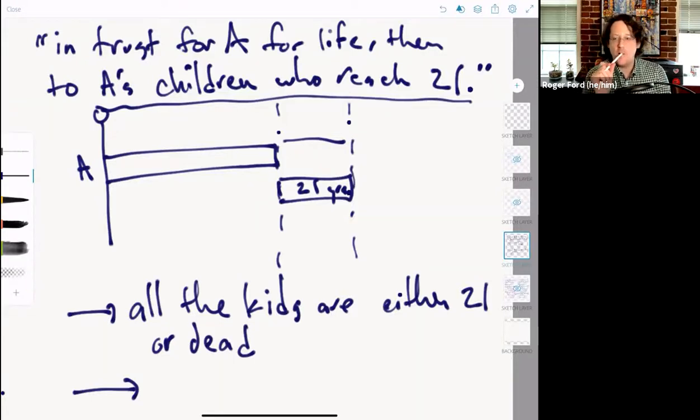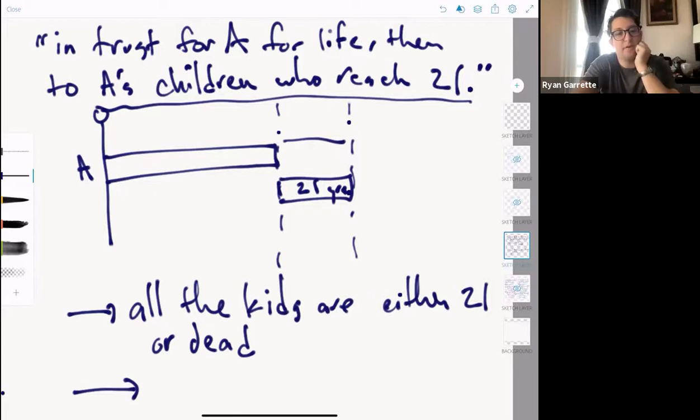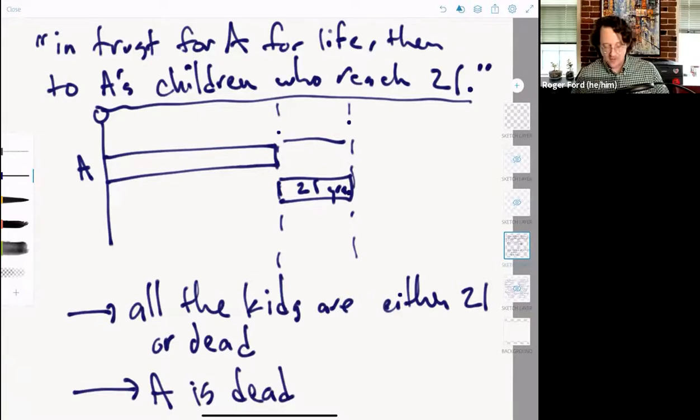Mr. Garrett? I think A would have to die unless there's a specific state requirement that over a certain age, they assume that they can't have children. Yeah, unless we have one of those reforms, right? A has to be dead, because if A isn't dead, A might have more kids. And so all of these things have to be true for us to know that all the uncertainty is gone, right?